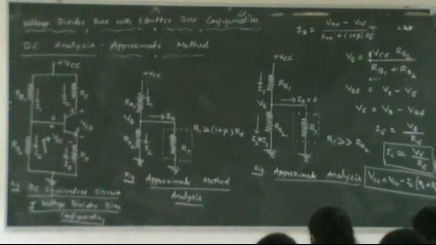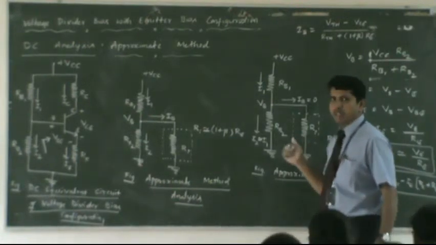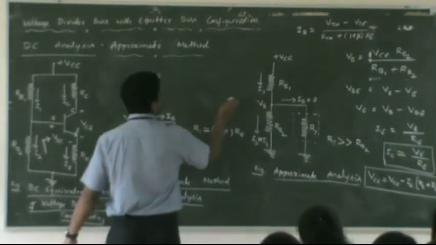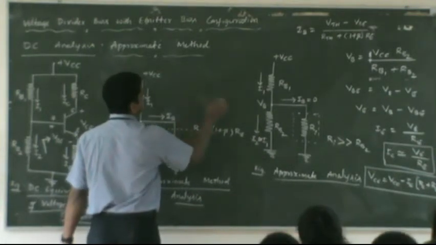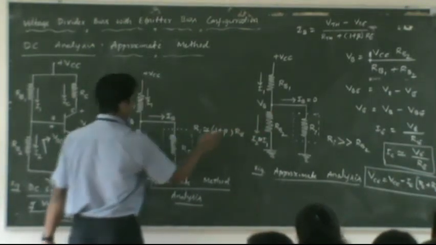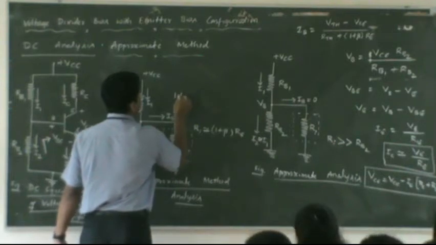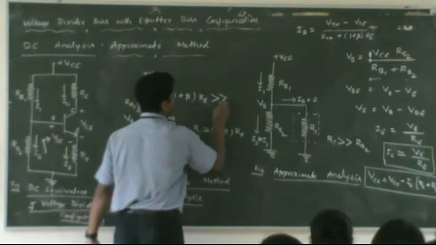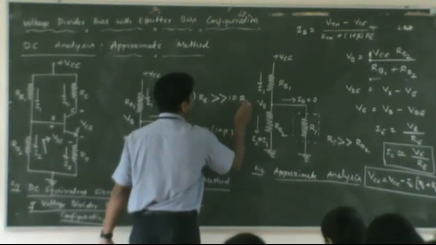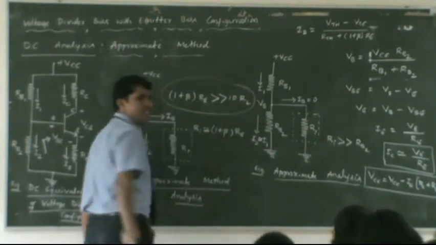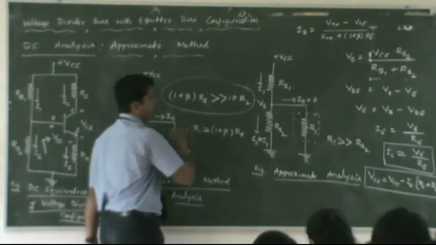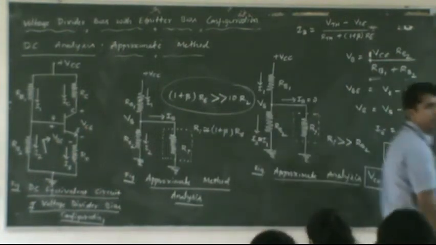But here, do you know the condition mentioned? The condition here is that RI must be much larger than R2. Typically, the condition required is that RI, which is the expression available here, 1 plus beta times RE, must be larger than 10 times R2. If this particular circuit satisfies this condition, then definitely all these equations are valid.